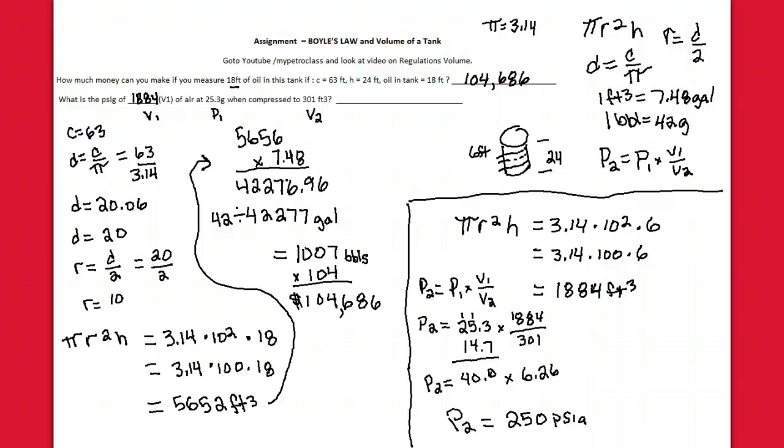Remember, we converted it. P2 is equal to 250. We already added it right here, so we got to subtract it. 14.7.